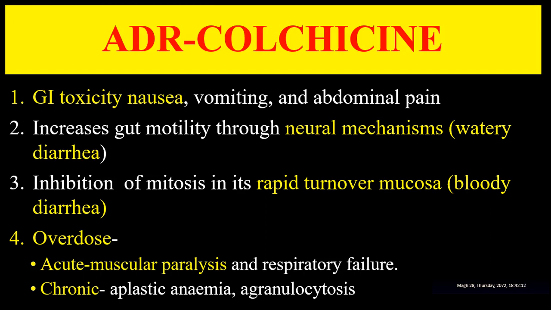So bloody diarrhea as well as watery diarrhea, and besides, in acute overdose, it may cause respiratory paralysis due to muscle paralysis, and another is it may cause hematological side effects, that is aplastic anemia and agranulocytosis. Therefore, there are 4 side effects.